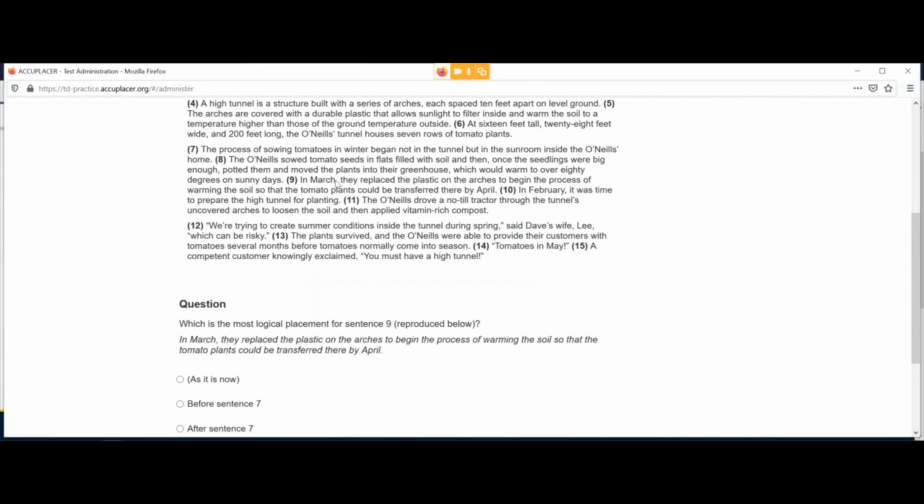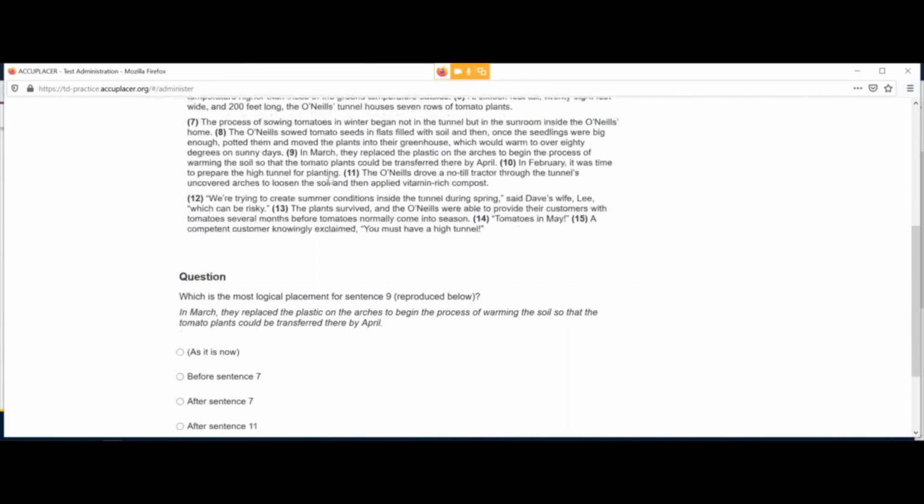So where are arches mentioned, since they're talking about replacing the plastic on arches? Well, sentence 7 doesn't talk about plastic. Sentence 8 doesn't talk about plastic. Sentence 9 talks about plastic. In March, they replaced the plastic on the arches. Is there another sentence that talks about plastic?